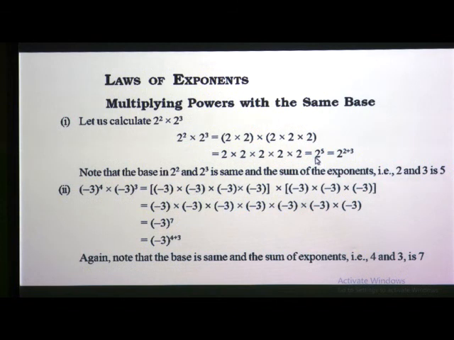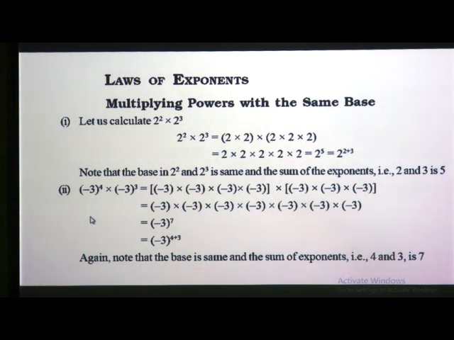So what we got is 2 to the power of 5. So note that the base in 2 to the power 2 and 2 to the power 3 is the same, and the sum of the exponents, that is 2 and 3, is 5.